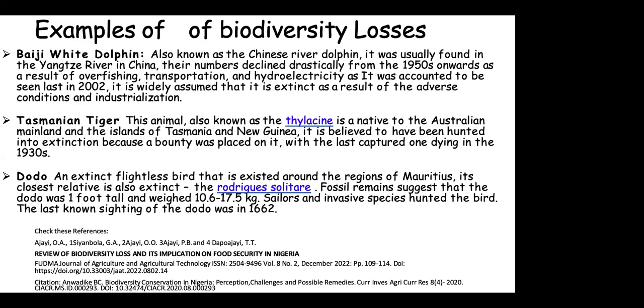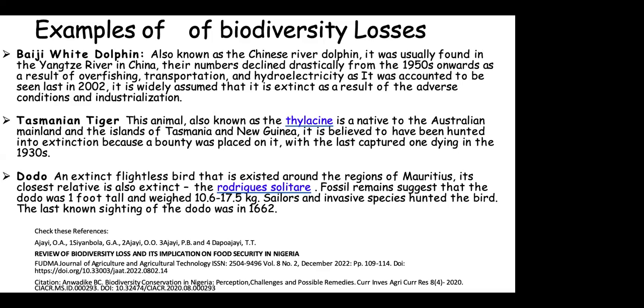Then there's the dodo. It's an extinct flightless bird that existed around the region of Mauritius. Its closest relative is also extinct. Fossil remains suggest that the dodo was 1 foot tall and weighed about 10 to 17 kilograms.